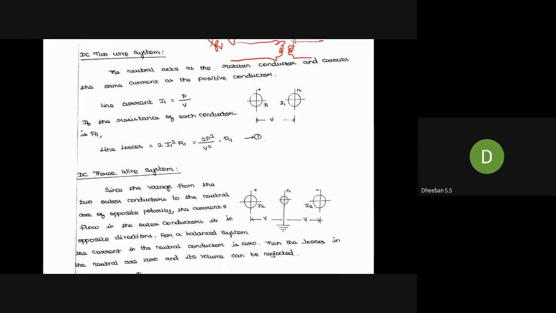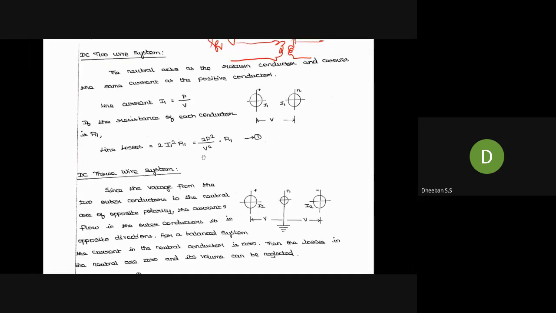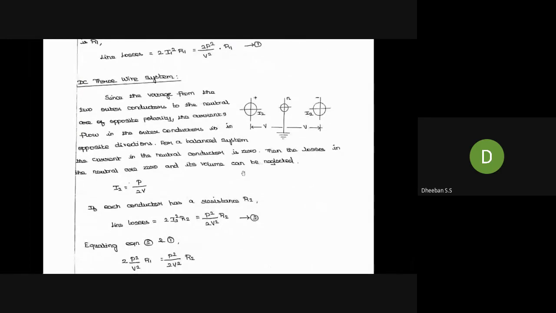Next, if we are considering the resistance of the conductor to be R1, then the line losses will be 2 I1 square R1. This will be equal to, if you are talking in terms of your voltage, it will be coming like this.